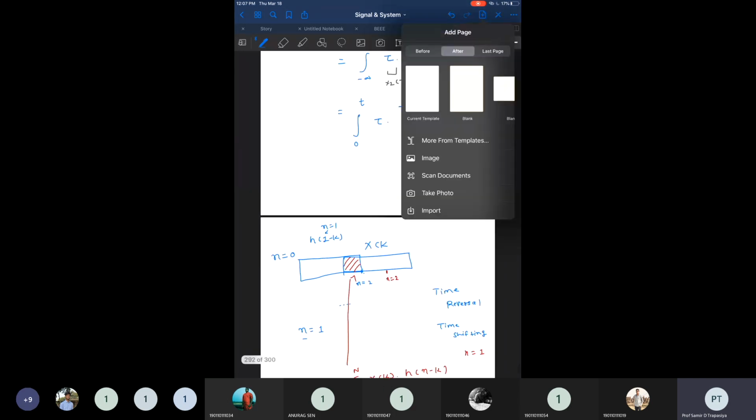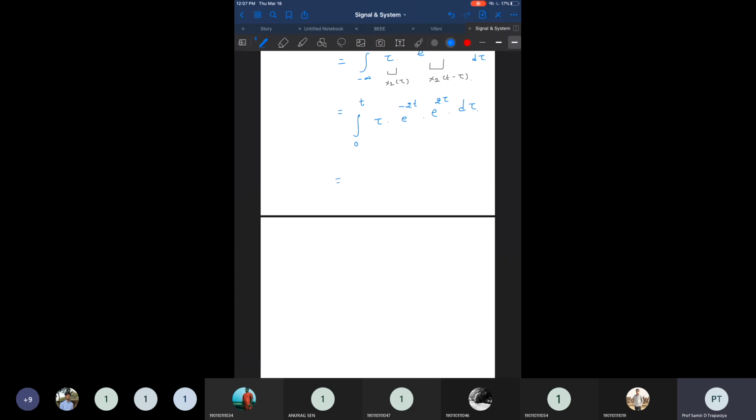Now e raised to minus 2t is not related to the integration, because integration is taken with respect to tau, so I keep it outside of the integration, and the remaining limit is tau from 0 to t, tau into e raised to 2 tau d tau.